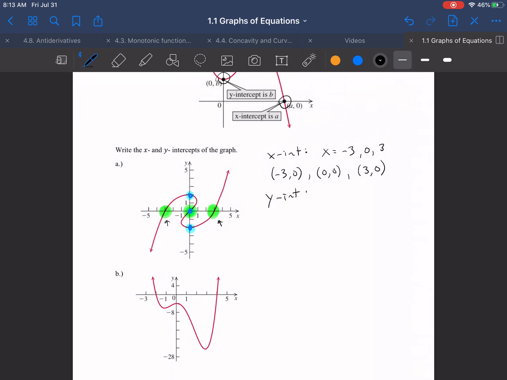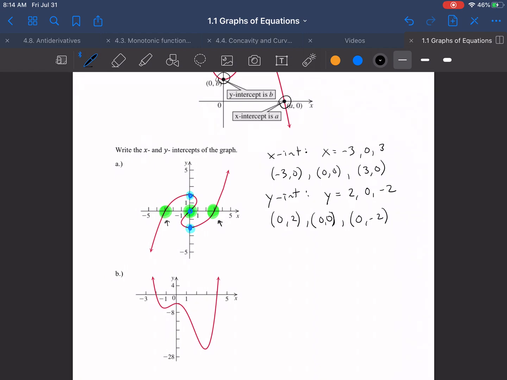So y-intercepts, we can say it's at y equals 2, 0, or negative 2. Or you could write them as ordered pairs, in which case it's (0, 2), (0, 0), and (0, -2). And notice for the y-intercept that every time it's a 0 in the x-coordinate, okay?